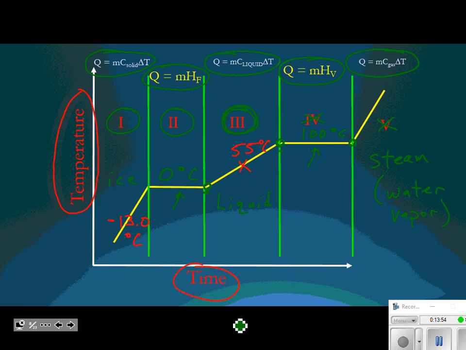So we could have to do 5 different calculations, but they're not very tough calculations. I'll show you here. But we could have to do 5. In this instance, we're only going to have to do areas 1, 2, and 3 because we go from negative 13 here to 55. So let's talk about these.